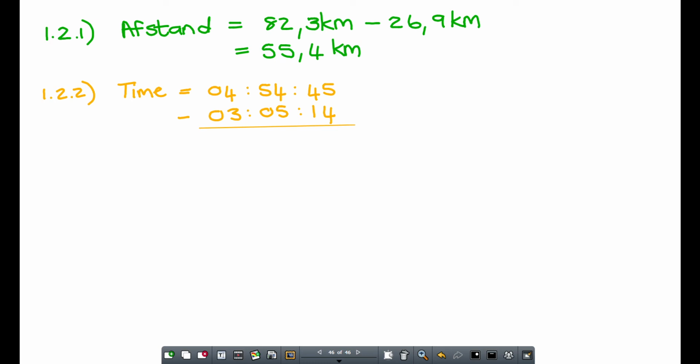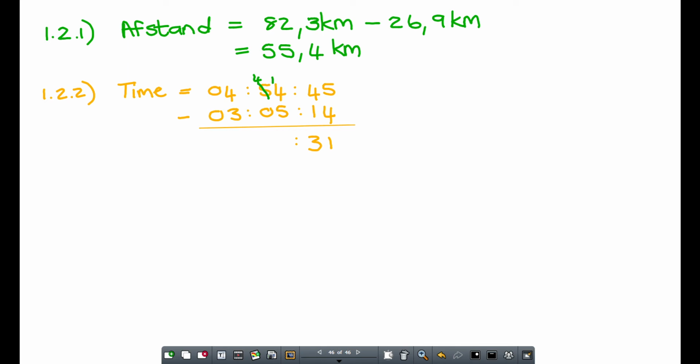But if you wanted to use this method, remember we go from the back. So 5 minus 4 gave me 1. 4 minus 1 gave me 3. 4 minus 5, ek kan nie, nee? So dan gaan steel ek mos daarso. Onthou julle nog dit? Okay, nou, dit is nog steeds binne minute. Nee, so that's just going to become 14.